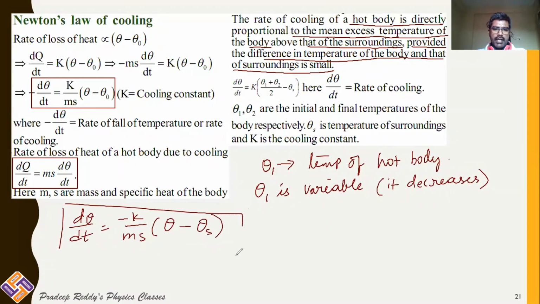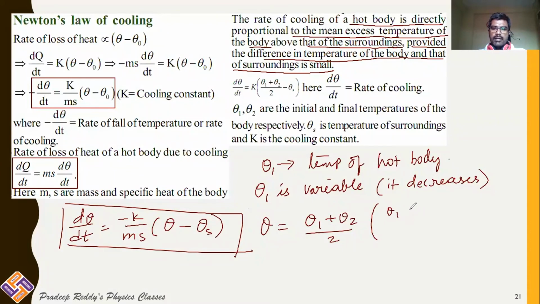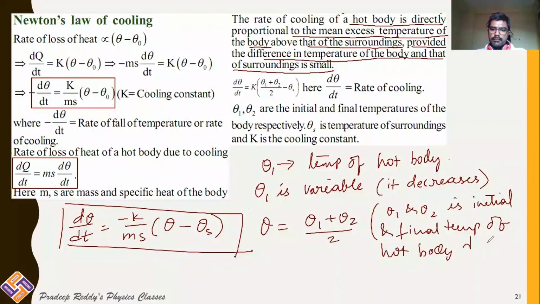This is the formula which we have. Here I can take this theta to be the average of two temperatures, where theta 1 and theta 2 are the initial and final temperatures of the hot body during time t. So if we solve one problem, then it will be clear to you.